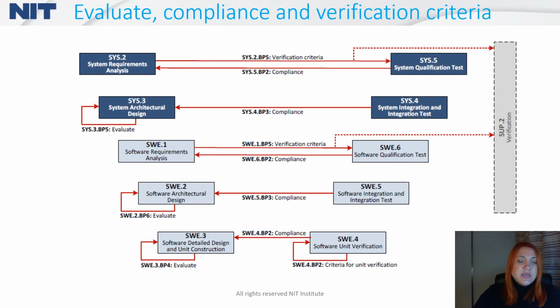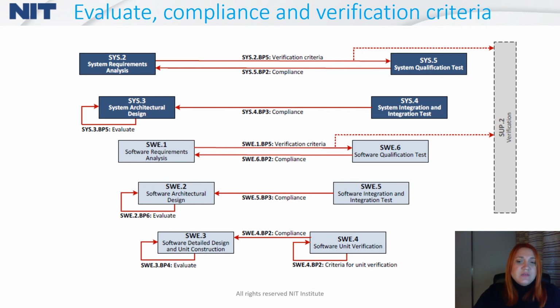At the end of this lecture, we will mention evaluation, compliance, and verification criteria, which are really very important aspects of Automotive SPICE. This part is also part of Annex D of Automotive SPICE.